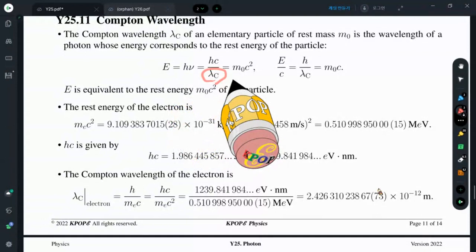In that case, we cannot make use of non-relativistic kinematics. For example, 1/2 mv squared cannot be used in that energy scale.